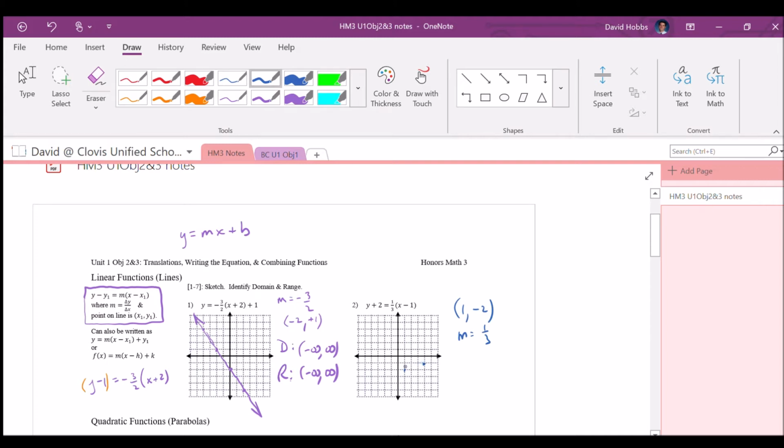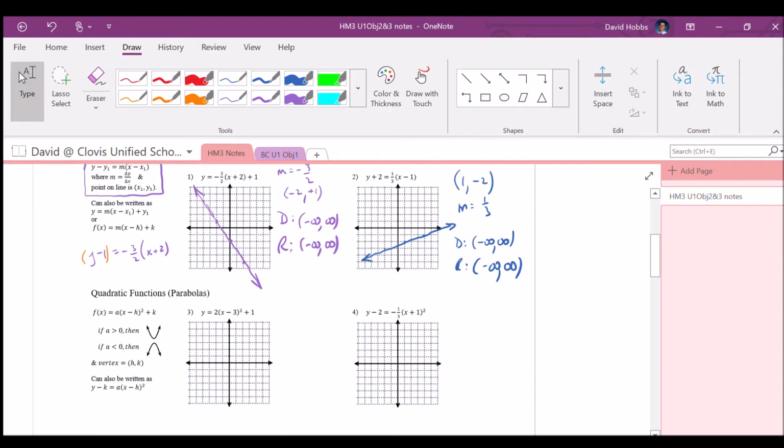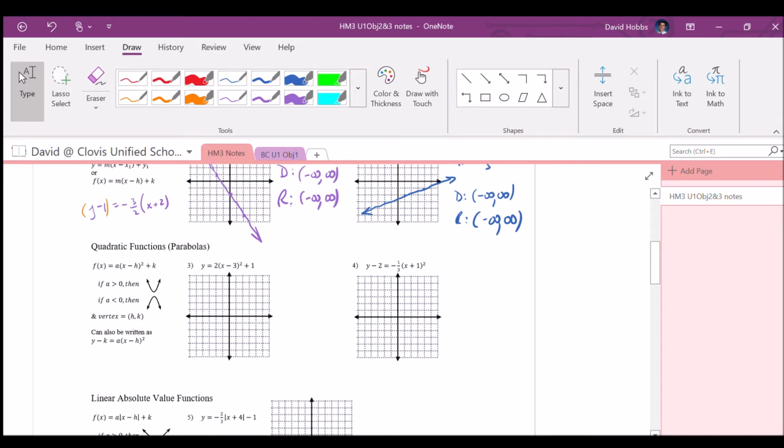I go off the graph paper as I go to the right, so let's go down 1 and left 3. And so we can see, I did not draw that very well. Okay, again, domain, all reals, range, all reals.